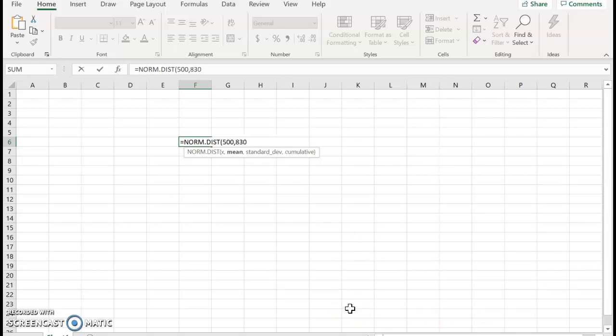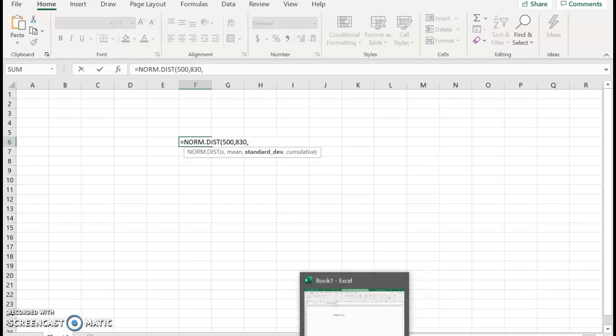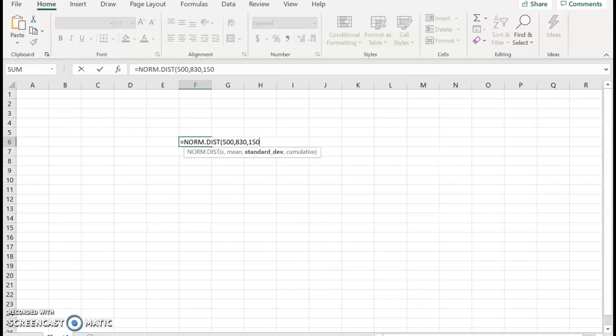Technically you don't have to do the z-score since you're using Excel, but I like for you to convert the z-score so you could look it up on the table if you had to. We want it to be cumulative, so we type in true.